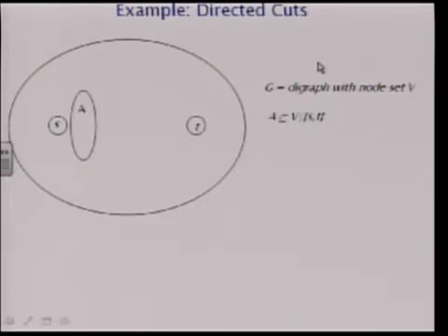And this cut will basically measure how much flow is going from one end to the other. And then you try to maximize the flow by, for instance, finding the minimum cut of a particular network topology.